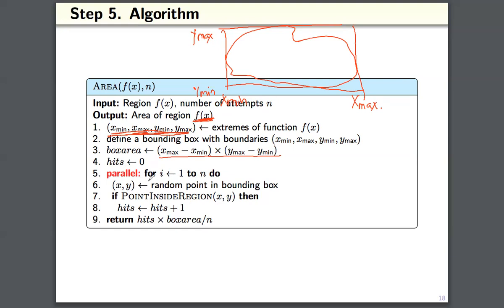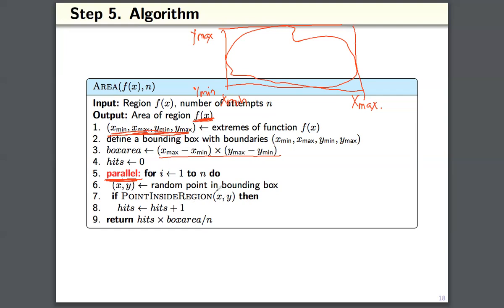And you need not generate these points in a serial order. Why? You can always use a parallel algorithm. In parallel, for i is equal to 1 to n, all these n points can be created in parallel. So find a random point, let's call it x comma y.